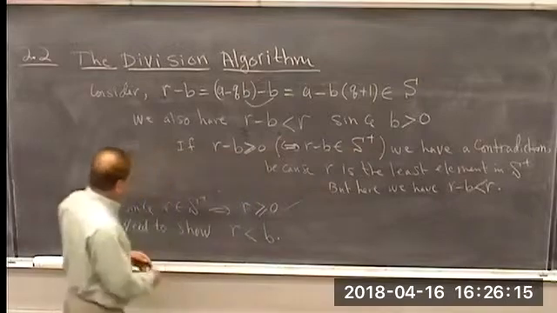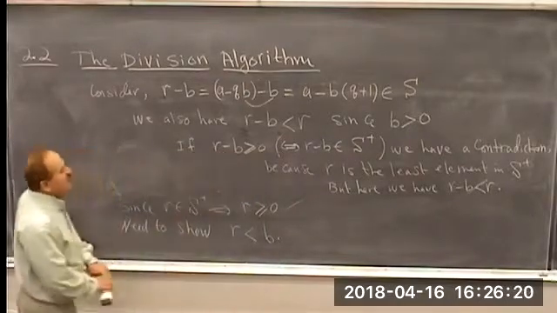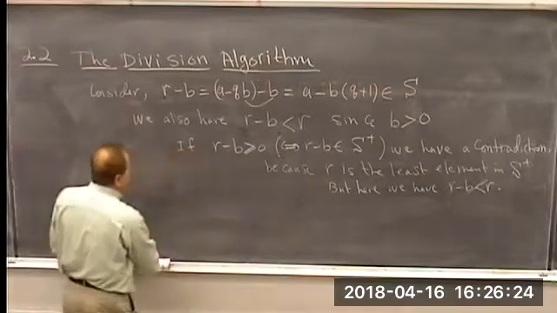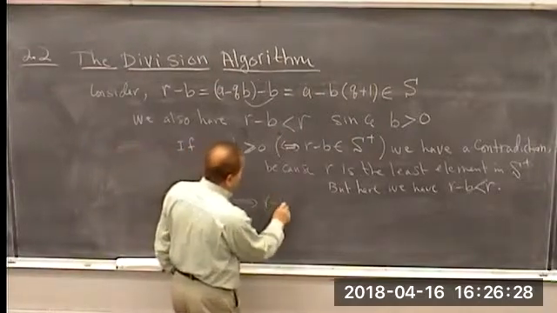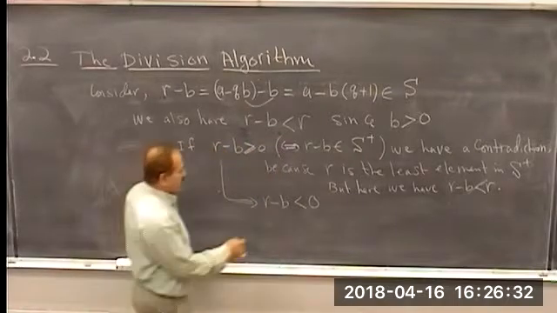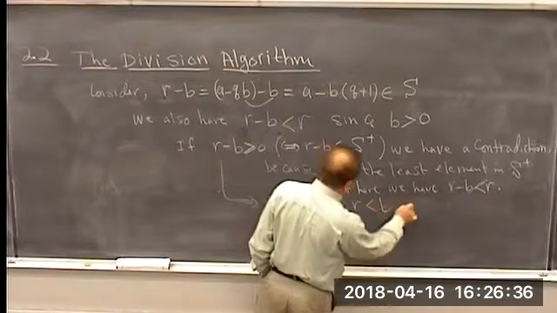What does this mean? This means no, we cannot have R minus B to be bigger than or equal to 0. So this forces R minus B to be less than 0. And from this, we obtain that R is smaller than B. And we are done.